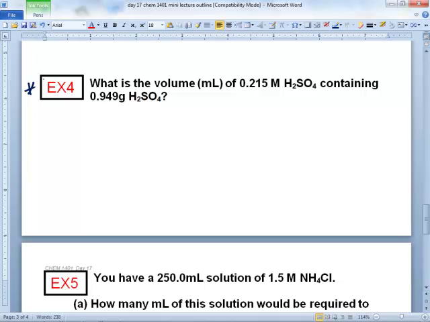Yeah, you got it. And that's the number you're going to put in for the moles. 0.949 divided by 98, whatever you get, that's what goes in for that.